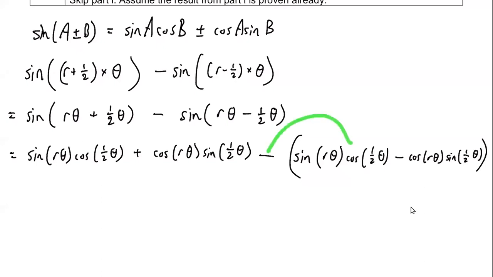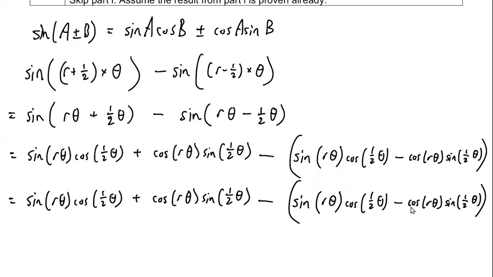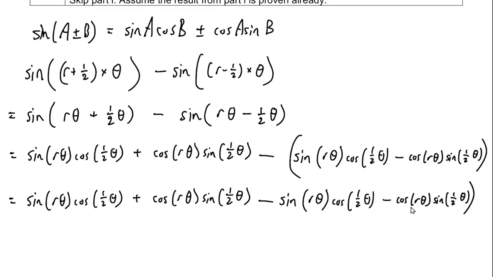Okay, distribute the minus and what do you get? Get minus sine r theta cosine half theta. And the second term must become a plus.